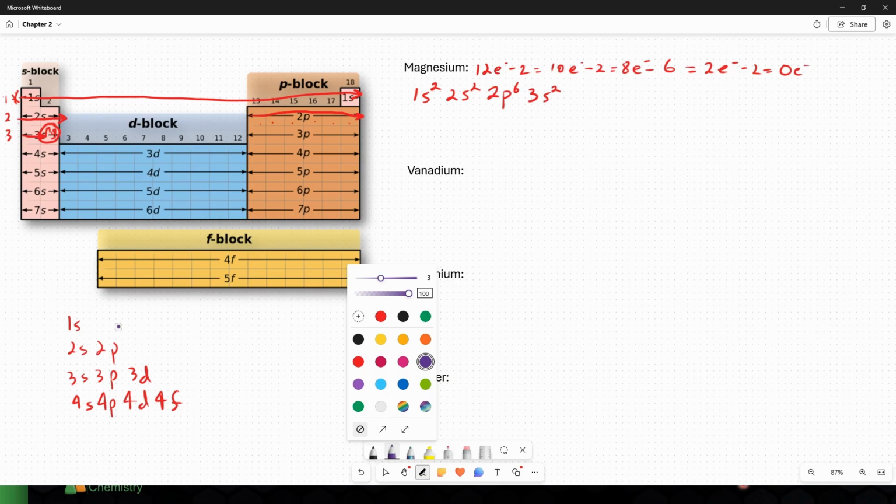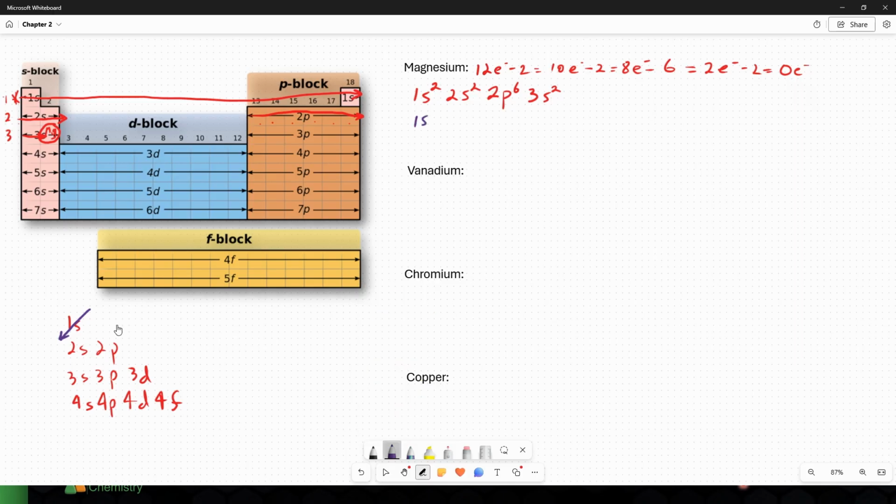If we cross out going from top to bottom in a diagonal pattern, we do 1s first. So again, we have 12 electrons in magnesium. If we put 2 electrons in 1s, which is the maximum number of electrons that the S sublevel can hold, we end up with 10 electrons left.